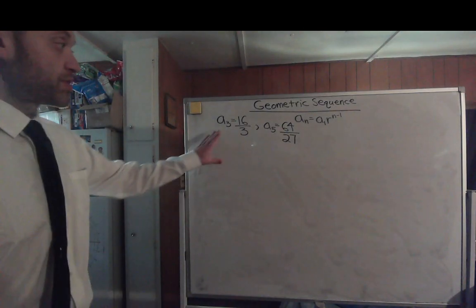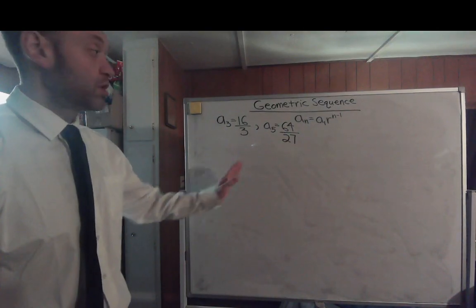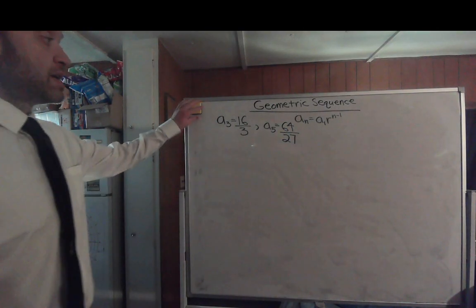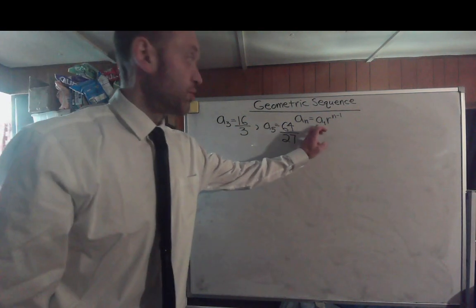So we know the third term and we know the fifth term. We don't know the first term, we don't know the common ratio. So that means for each of these terms we need to set up this general formula.